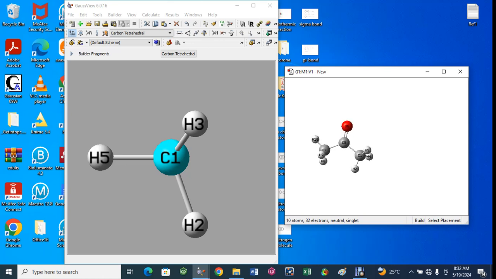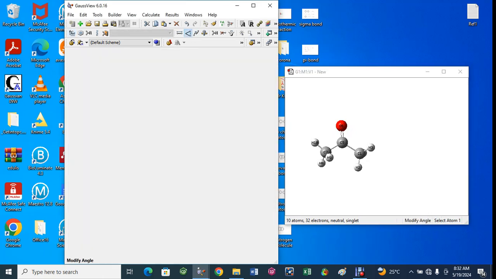In order to check the bond angles between each of these, let me walk you through how we can do that. I can just come here. You can see this particular shape, I think that should be the angle. Then I can select, you can see everything has gone blank because I have to select 1, 2, 3.